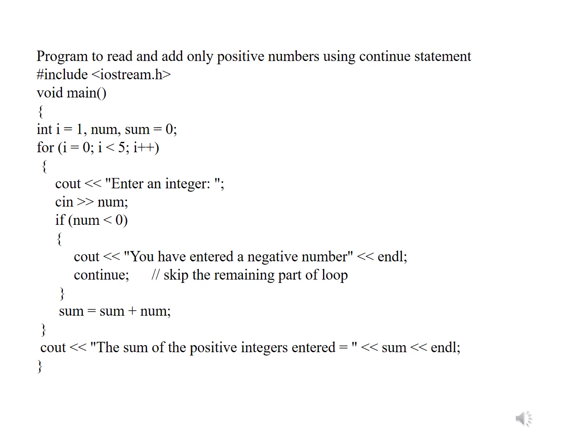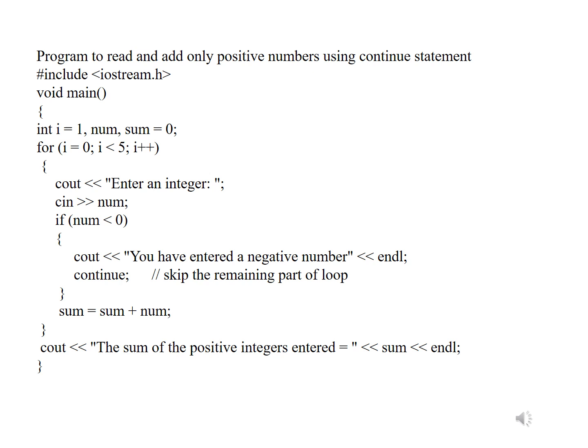So it continues to the next iteration and accepts another input. When the number is greater than 0, then sum equal to sum plus num will be executed. If it is not greater than 0, it doesn't execute sum equal to sum plus num. So it accepts all five inputs.